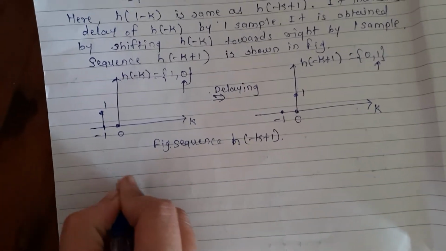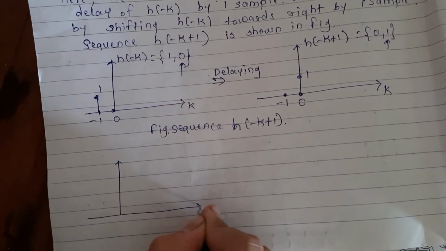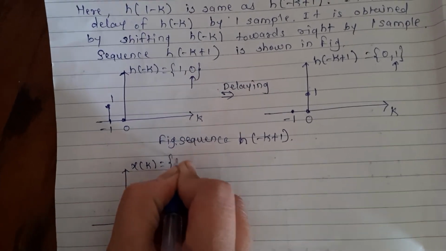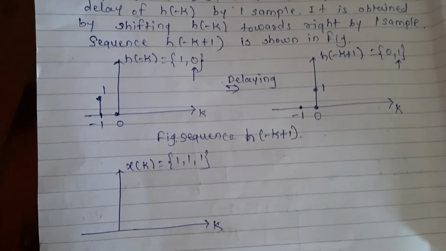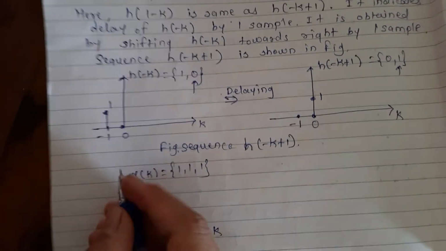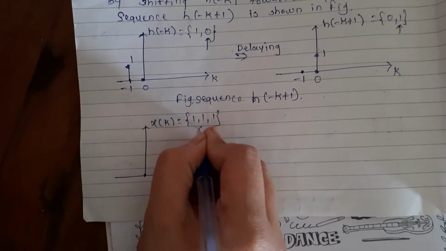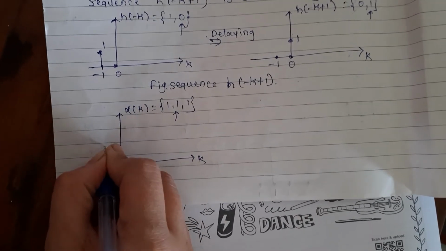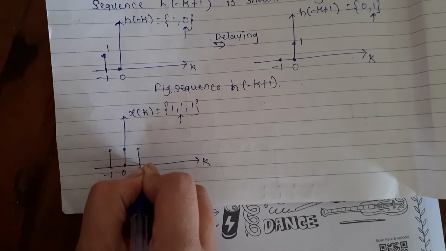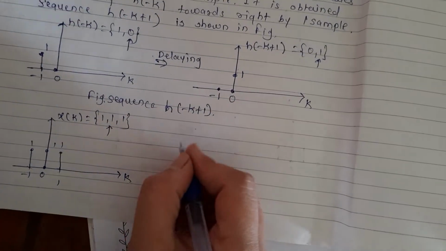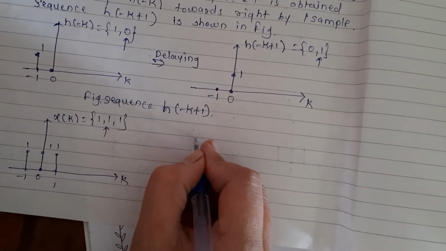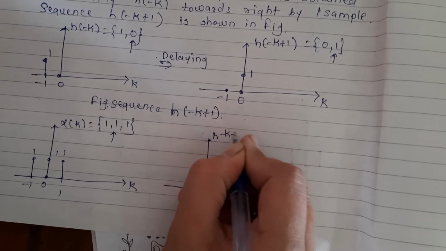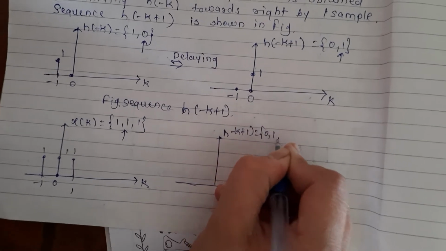So draw for x of k, one one one, and next is h of minus k plus 1, it is 0 1 0.